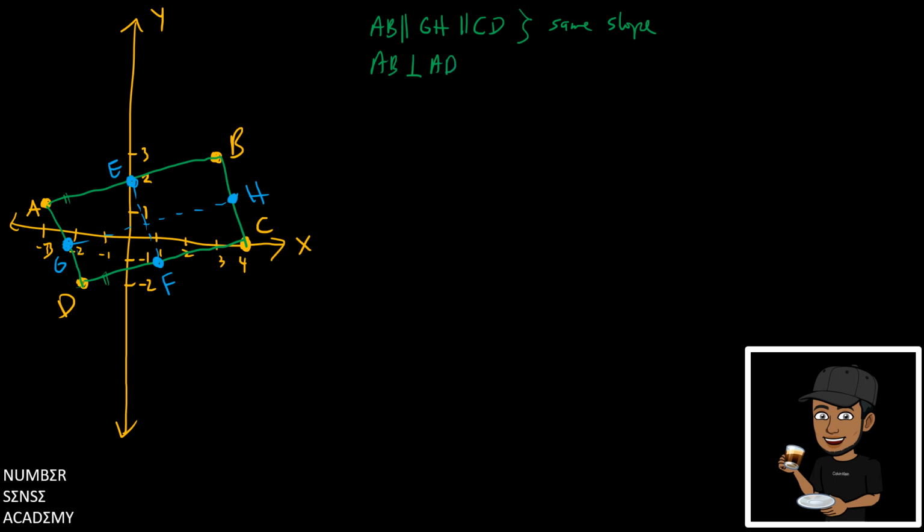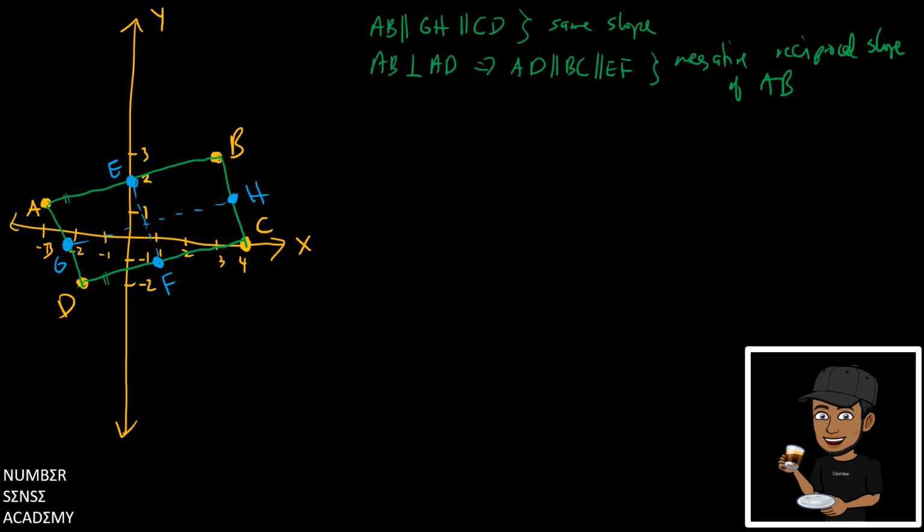Which means that AD, BC, and EF are parallel, and they're going to have the negative reciprocal slope of AB. I'm going to write that down. Negative reciprocal slope of AB. All right, so that's taken care of.